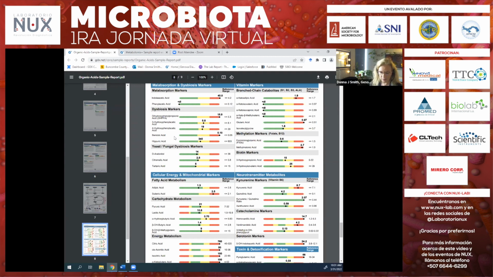And most of those are your phenol and polyphenol type foods. So that would be your dark color berries, but also green and black tea, olive oil, those kind of things can cause elevations here. Then we have our yeast and fungal dysbiosis markers. Now, D-arabinitol is a direct product from the Candida species.